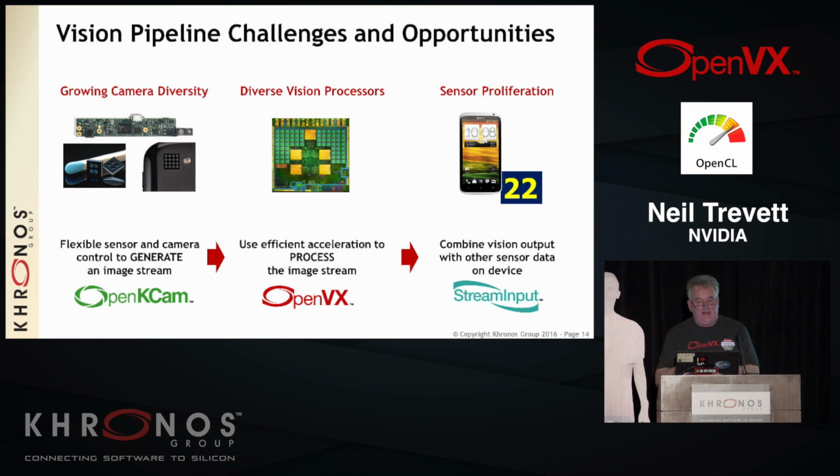Before I dive into OpenVX, though, to zoom out a little bit, OpenVX is where we've done most of our work on vision processing right now, but we do realize that OpenVX is just one part of a complete vision processing pipeline.